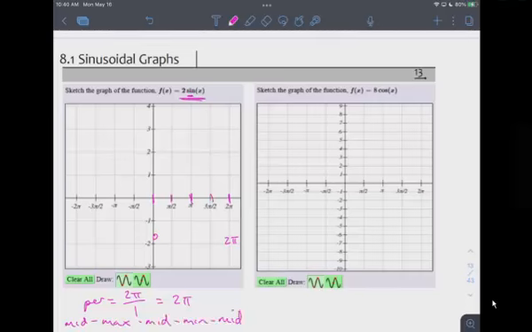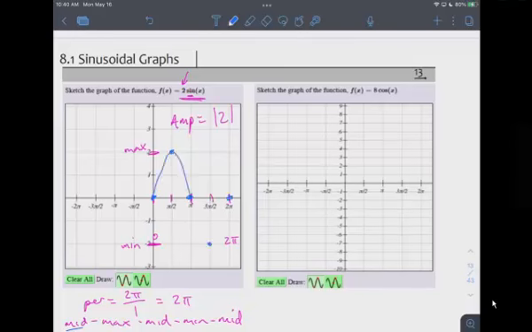Now our amplitude, though, is this number 2, so the amplitude is equal to the absolute value of 2. So here's our max, and here's our min. When we plot our graph, we start with the midline, then a maximum, midline, minimum, and back to midline.